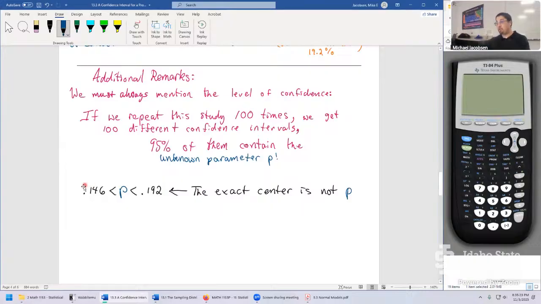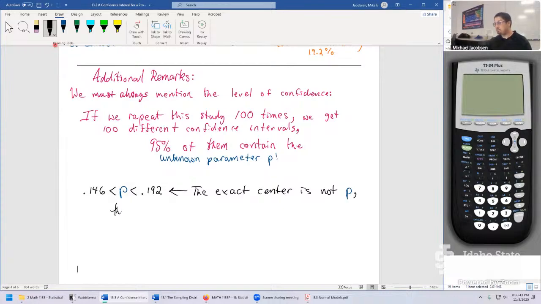And again, it could be closer to 1.46 or even less than. It could leave this whole interval. It could be in the center, but it also could be somewhere closer to 0.192 or even above 0.192. It could leave the interval on the upper end. But if it's not P, it is something else for sure.